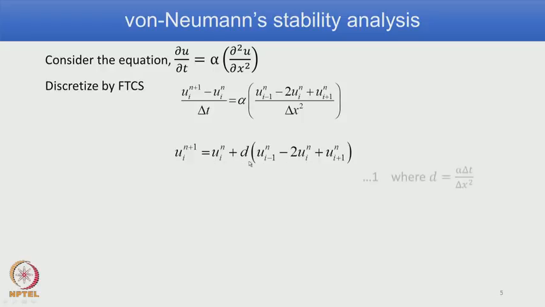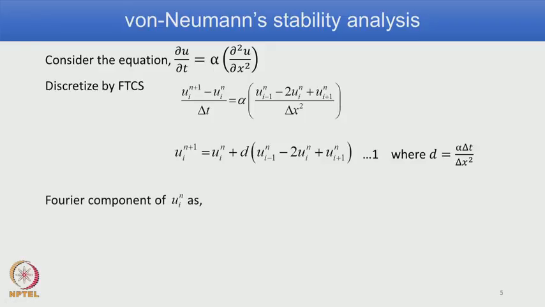So, what is d? d is alpha times delta t by delta x squared. This delta x squared is in the denominator for the central space, and delta t comes from the left hand side, because of the forward in time, and all are combined together, we get the coefficient d, written as alpha delta t by delta x squared.